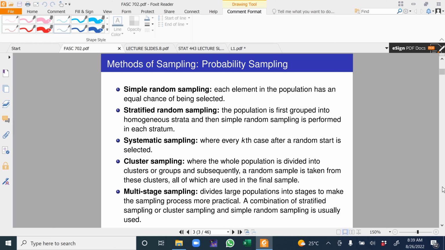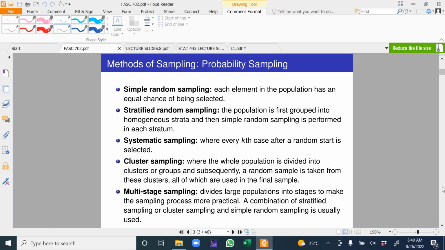Now, the difference between the two methods is that in probability sampling, we have a guided structure on how you select your sample. There is a laid out mathematical or statistical procedure that can help you identify your sample.